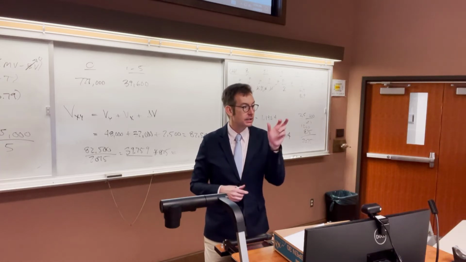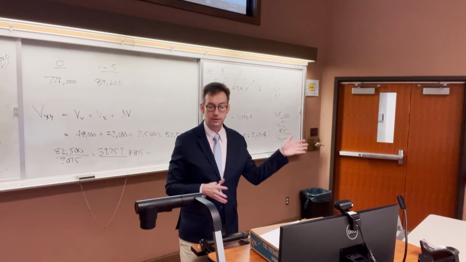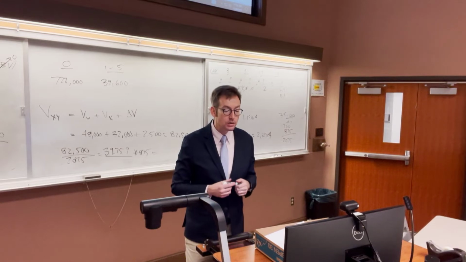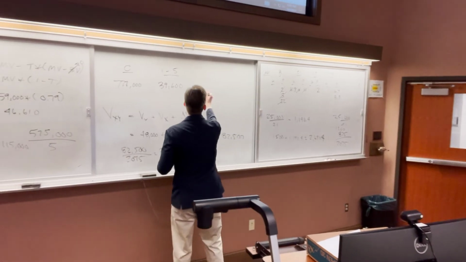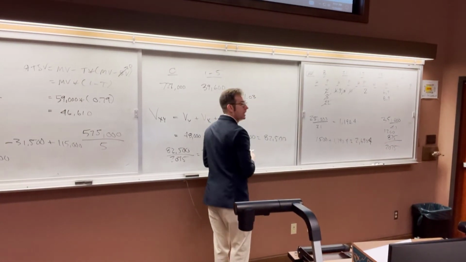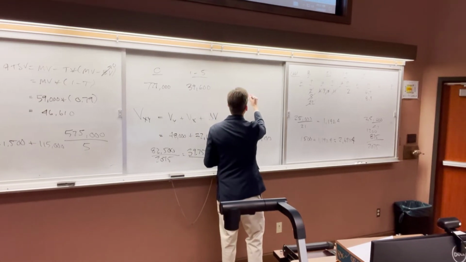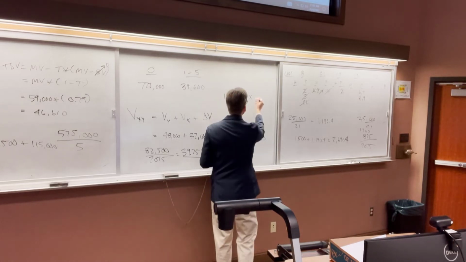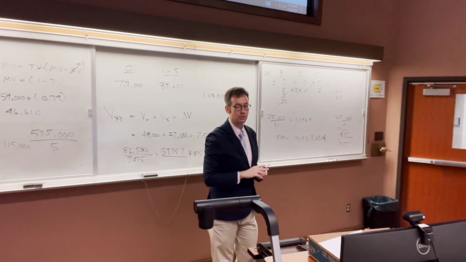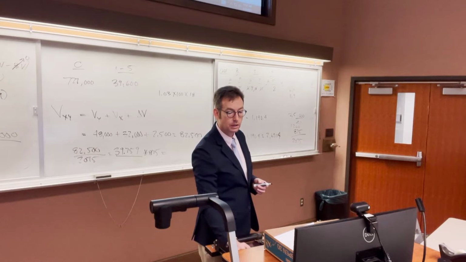February 37 means that the expiry date is February and the strike price is how much? 37. How much are those selling for? 103. So we're going to be buying 103, and then how many shares per contract? 100. And then how many contracts? 18. Someone do that math and tell me what you get. I got 1,854. Very good. That's what they say the answer is.